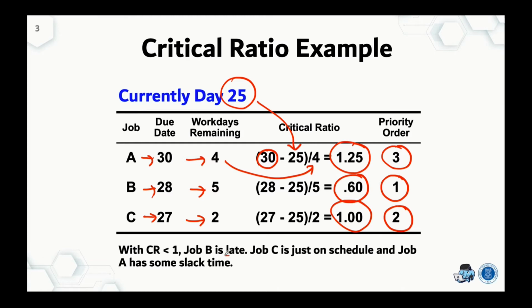Critical ratio equal to 1 is exactly on schedule, and critical ratio more than 1 means they have some allowance time or slack time.